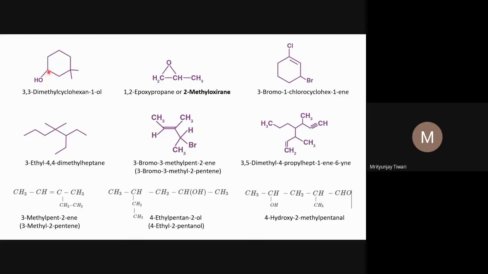So 1, 2, 3, this way the numbering will be done, not in this way. And so we get two methyl substituents at the third position. So 3,3-dimethyl cyclohexan-1-ol, or 3,3-dimethyl 1-cyclohexanol.